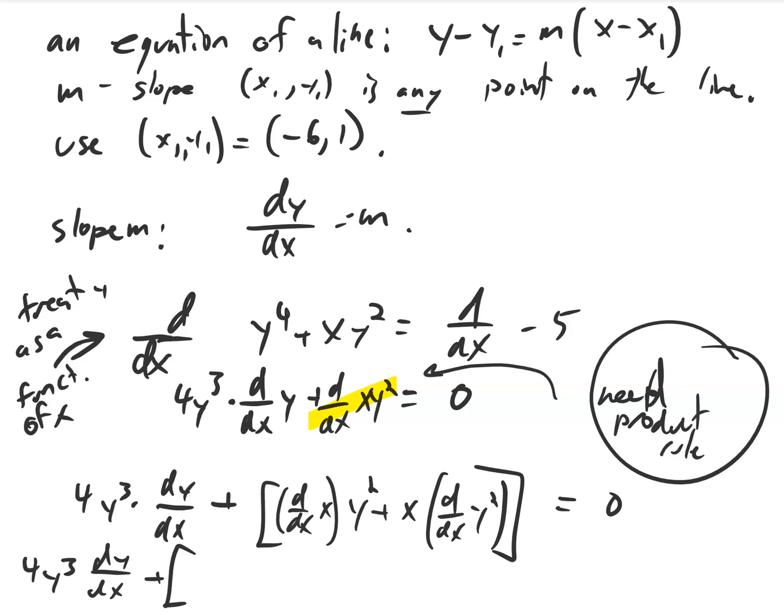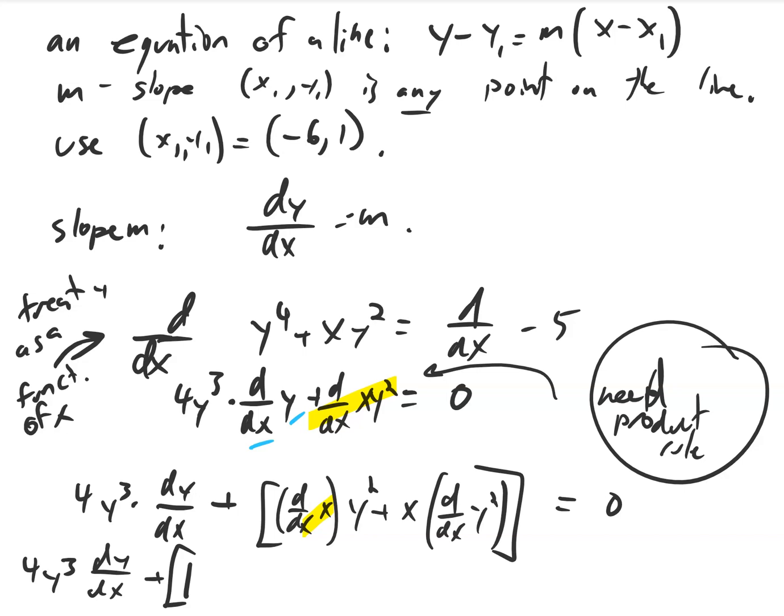All right, the derivative of x with respect to x is 1. Notice that here, the variables match and the derivative is 1. Here, the variables did not match, and we got this dy dx that popped out.